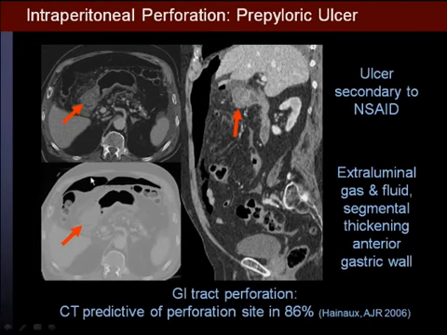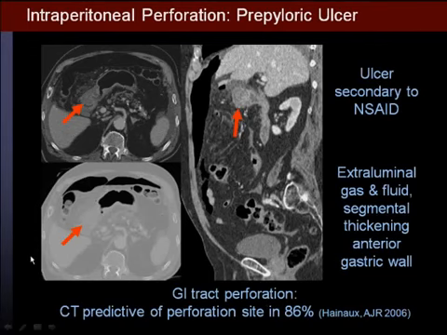In the soft tissue window we can recognize thickening of the anterior wall of the stomach, indicating the location of the perforation. So CT can not only show the free gas or the extraluminal gas, but can also demonstrate the site of the perforation, which is very helpful and more or less impossible on plain film.